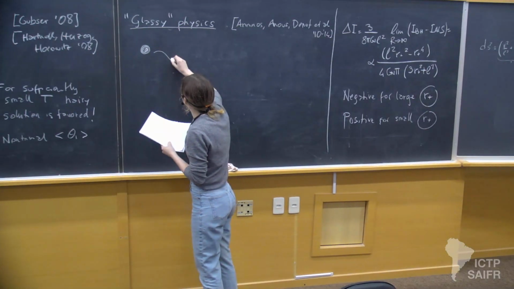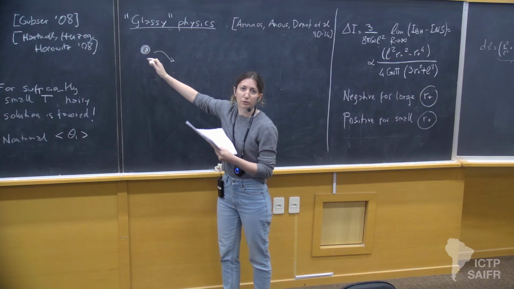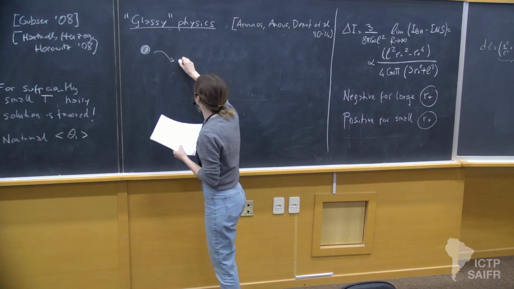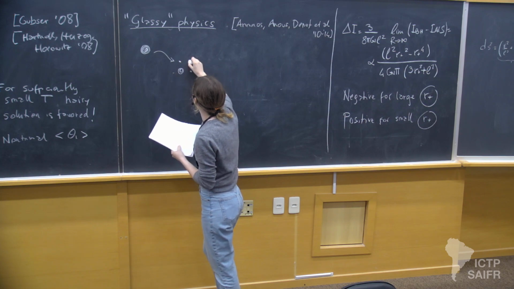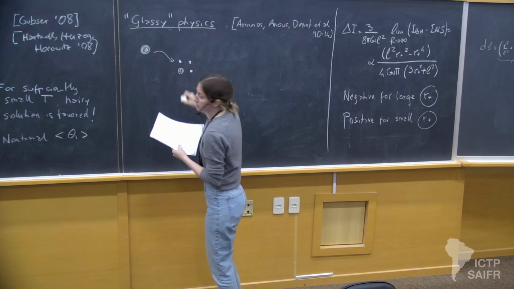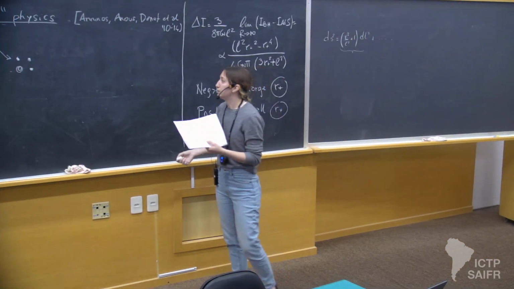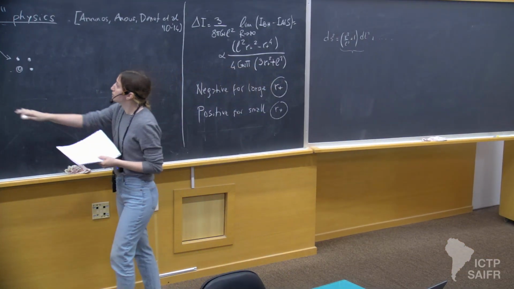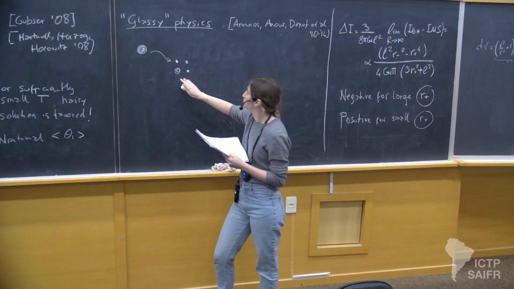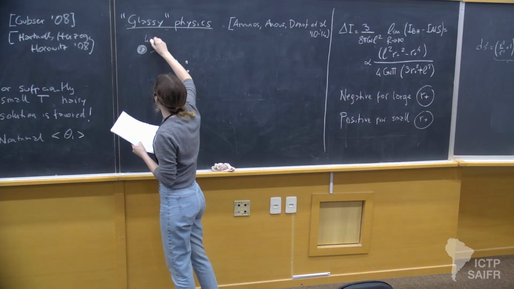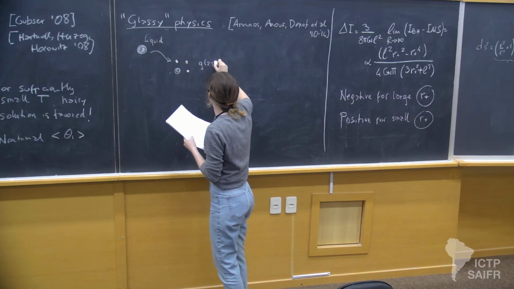In this case, the phase transition will look like a single-center black hole turning into multi-center black holes, a configuration in which you have, for instance, a big black hole surrounded by many different centers. So this in the picture is the transition that goes from one single-center black hole to many black holes. In general, this would be the liquid phase of matter, and this is the glassy phase of matter.